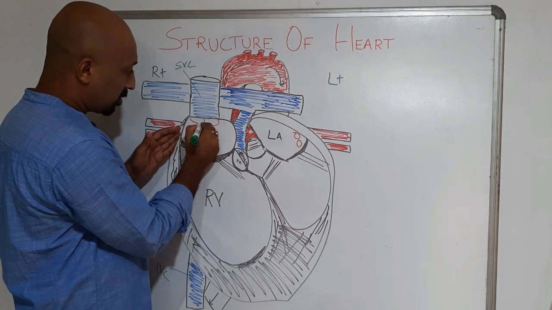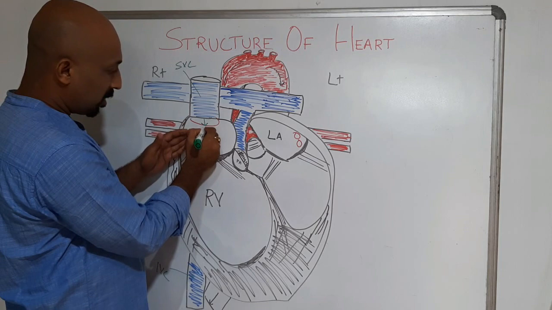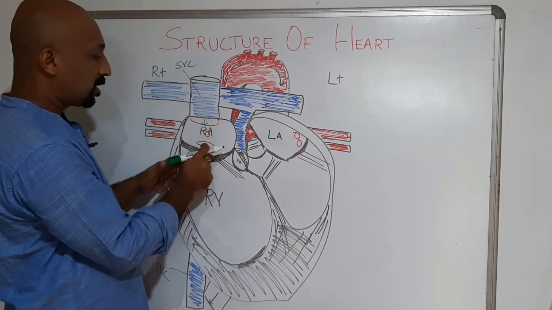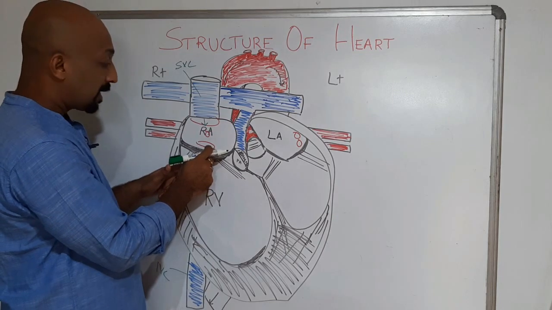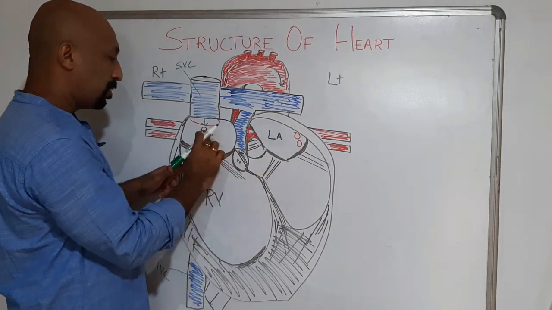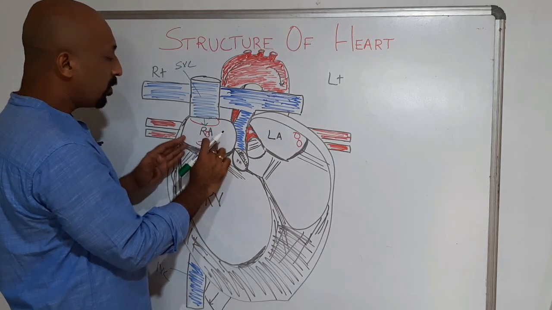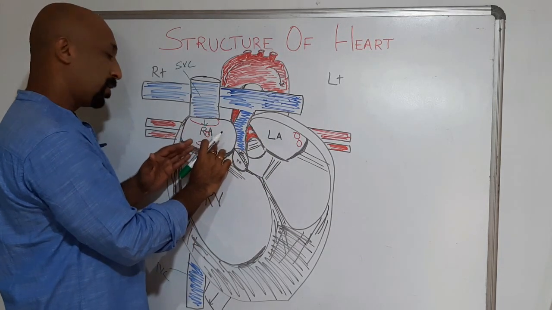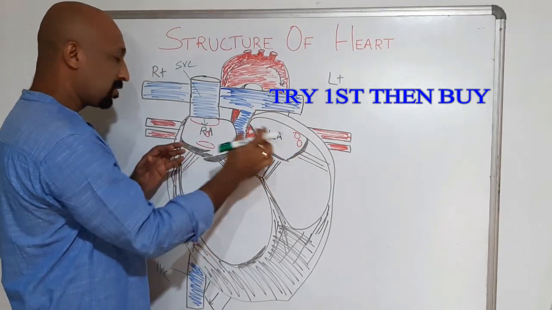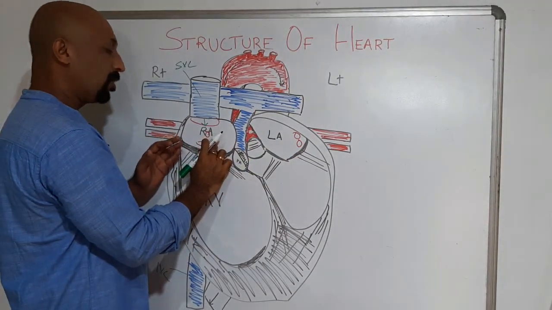So it brings blood to the right side, and from the right side it goes through the tricuspid valve. So the blood first comes through the tricuspid valve. On the left side it is the bicuspid valve. Please remember by a mnemonic: when you want to buy something, you try first, then you buy it. Same like this. One more mnemonic I'll give.